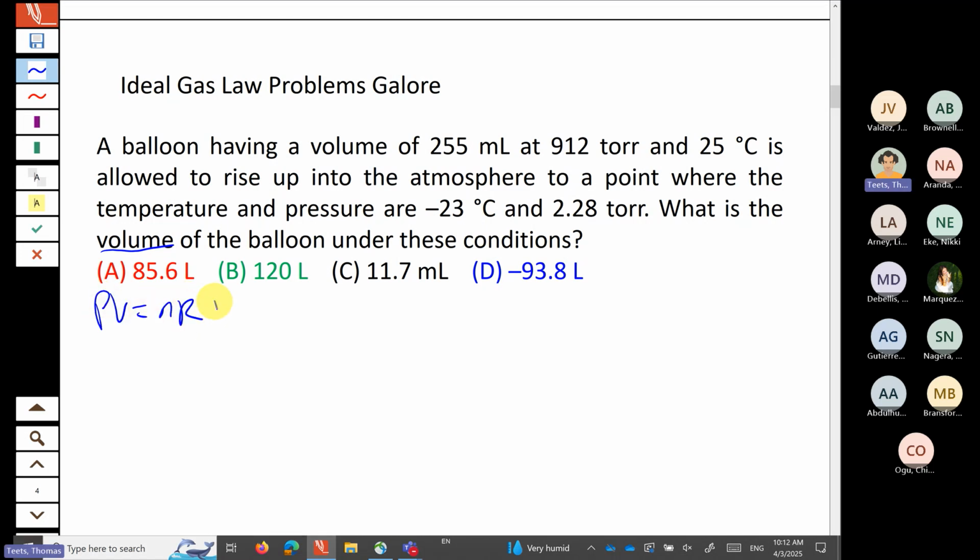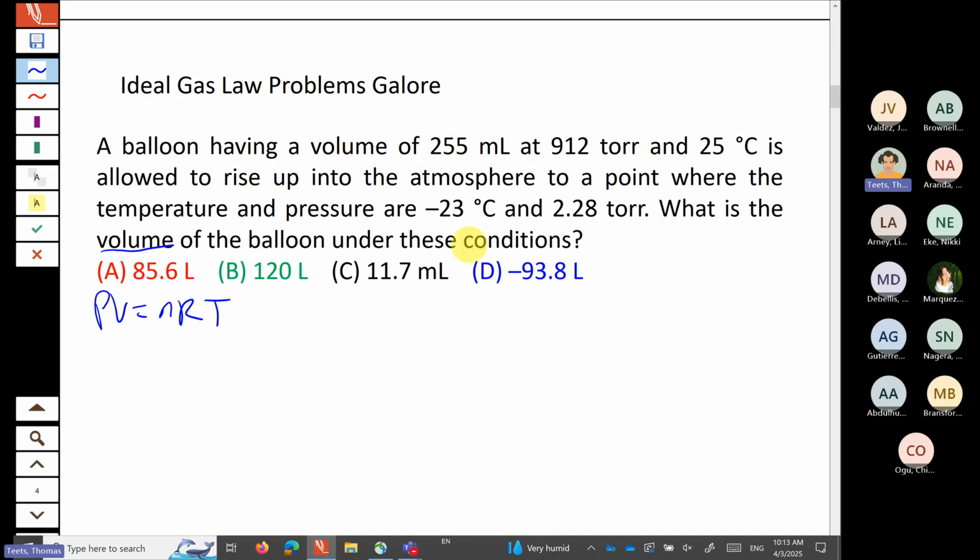So if we use this as our starting point, the first thing we want to do at the beginning of the problem is figure out which of these four parameters, P, V, n, and T, are going to be constant, if any of them. If you're looking for the one that's constant, sometimes it'll be given to you numerically and it'll show that it's not changing, or sometimes you have to infer it from the problem.